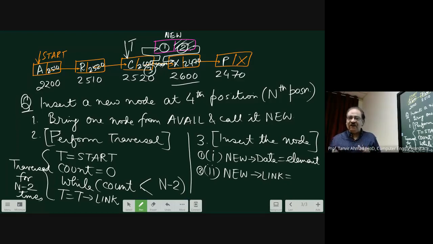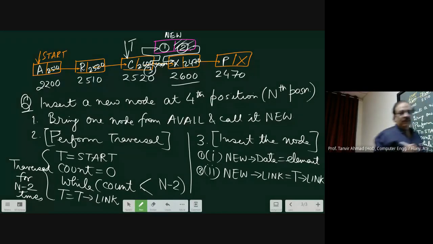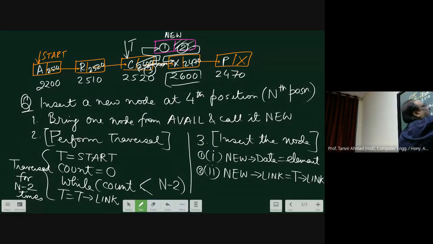But you can see that 2600 is stored in the link part of C, which is nothing but T. Therefore, it is nothing but T of link. That means this 2600 and this 2600 are the same. Therefore, if this is T of link, this is also T of link.